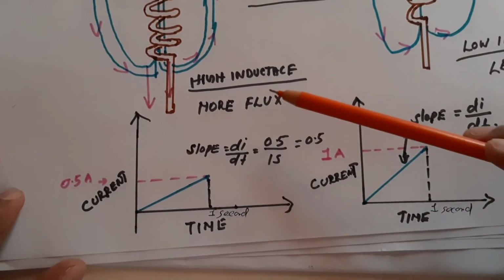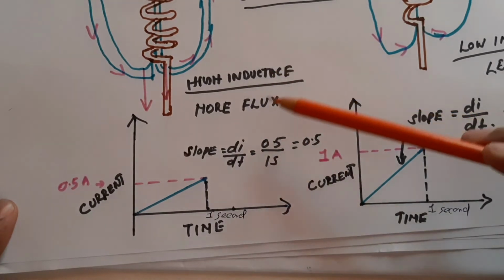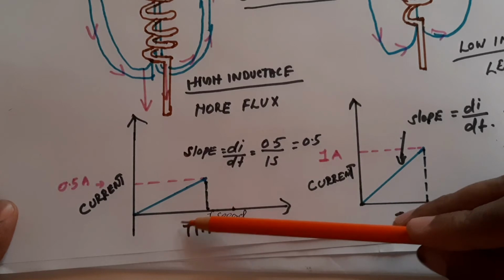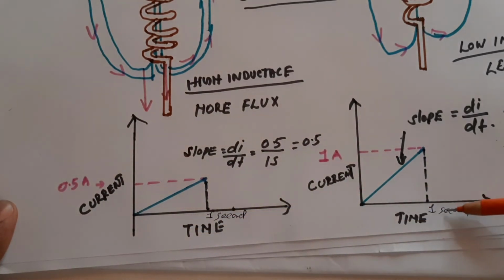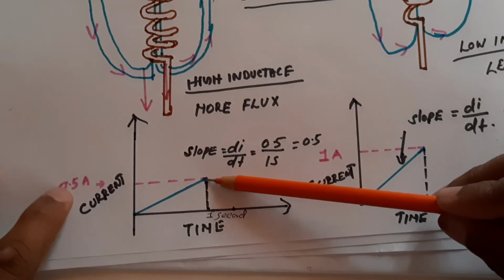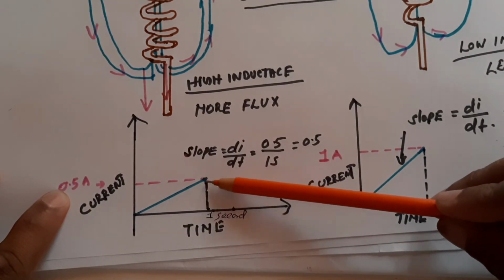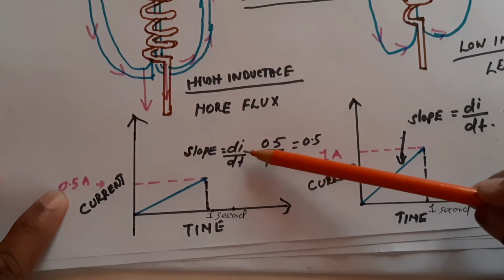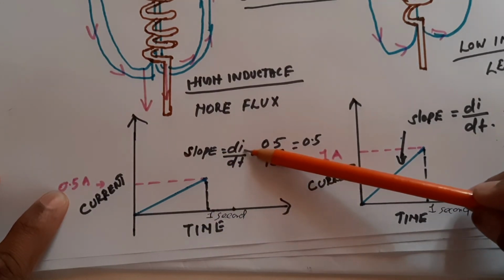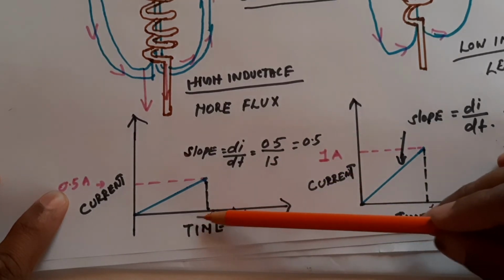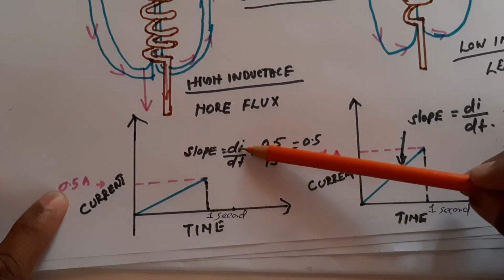But in this case it has high inductance, which means more flux is concentrated. So within the same 1 second, this inductor allows only 0.5 ampere. That is the slope, di by dt. What is di by dt? In 1 second, what is the change in current?